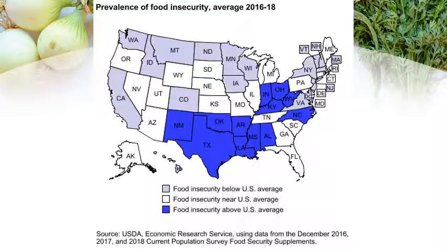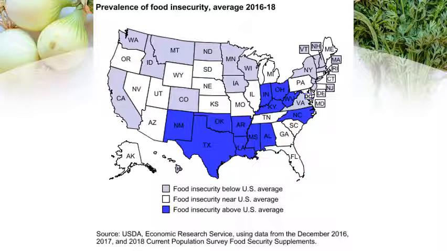Let's look at a graphic on the prevalence of food insecurity between 2016 and 2018. You will notice that shaded in light purple, you will see states that have a below the U.S. average of food insecurity. This means that they have less than the average people who qualify as being food insecure.